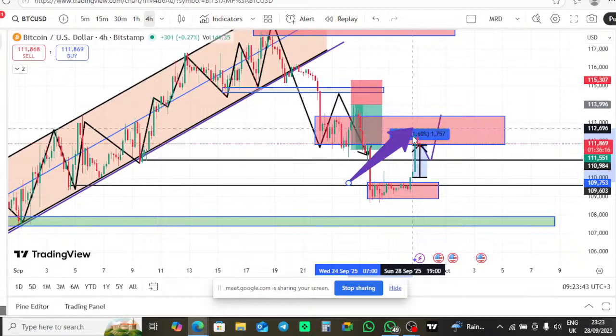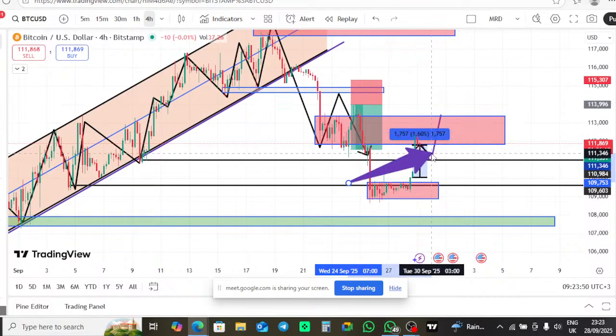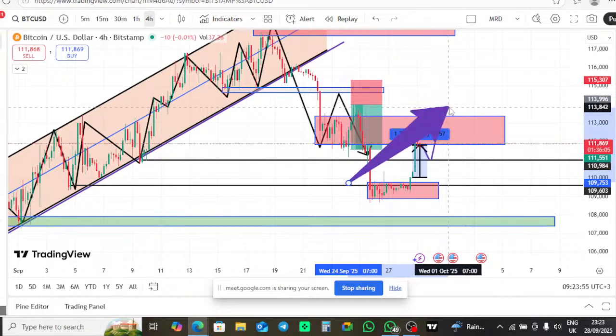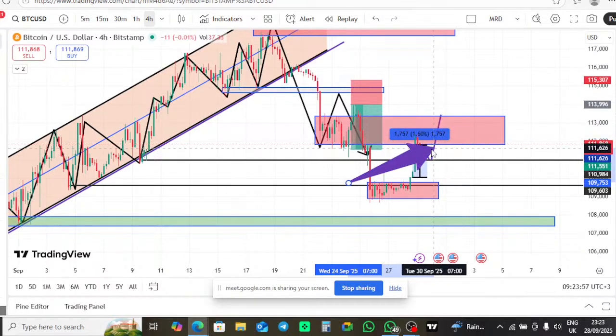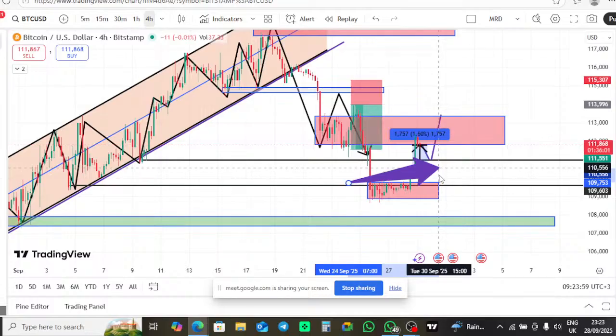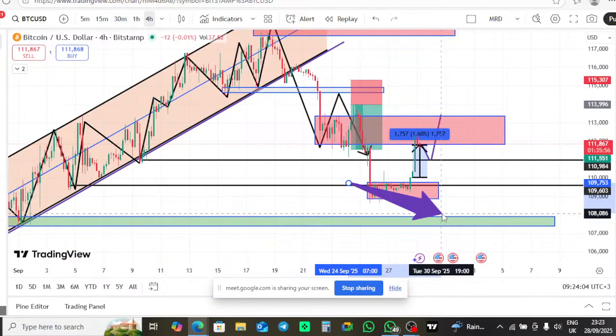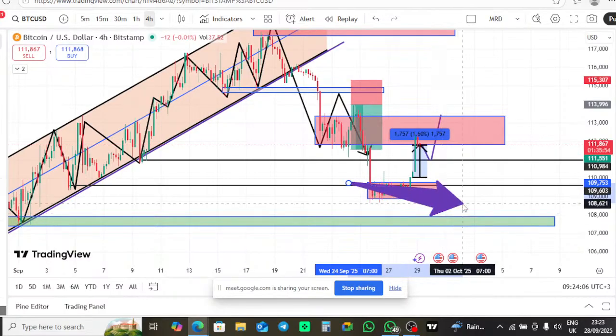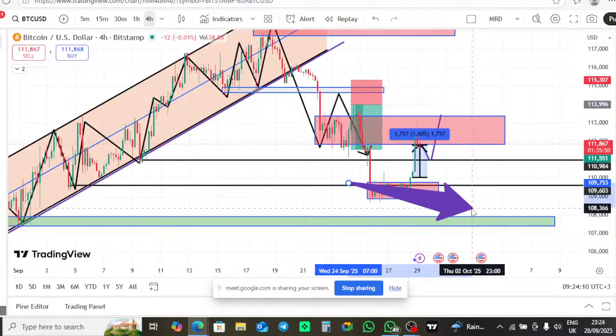But currently, as we speak, this is the situation within Bitcoin. It is likely to come back to this black line, then push up a bit. Or it fails again and breaks this level, and comes down to test this box. So that is the situation we expect in the market. It will be between 109,000, yes, 109,000 and 600.